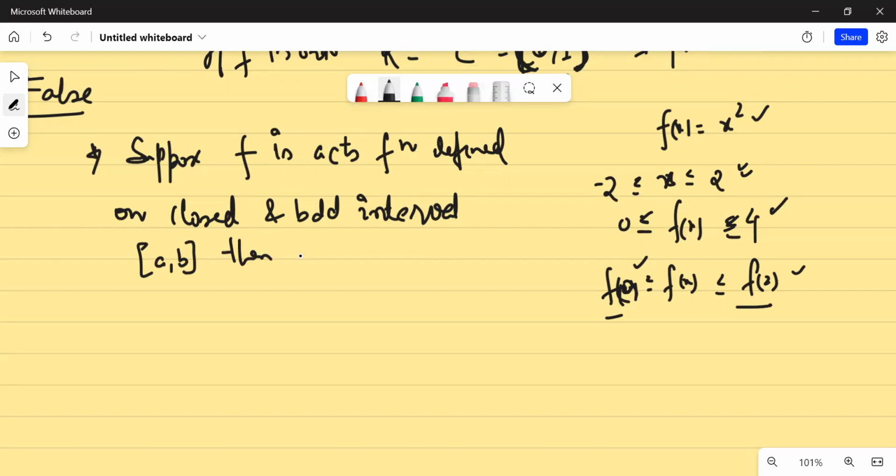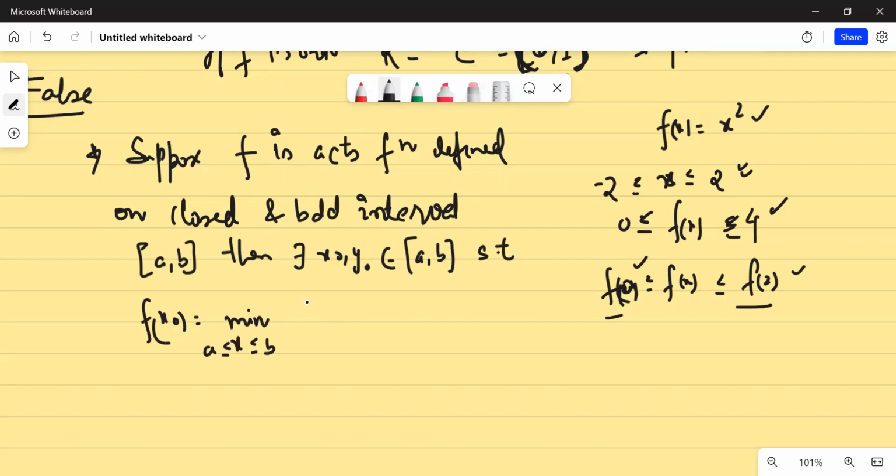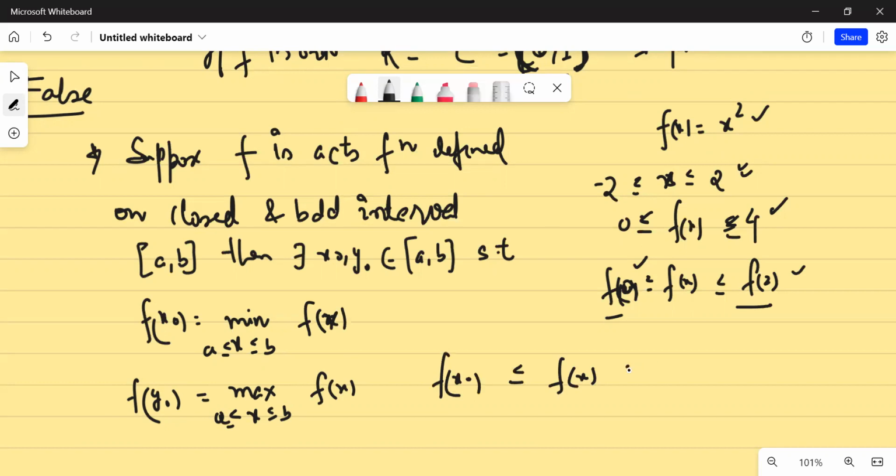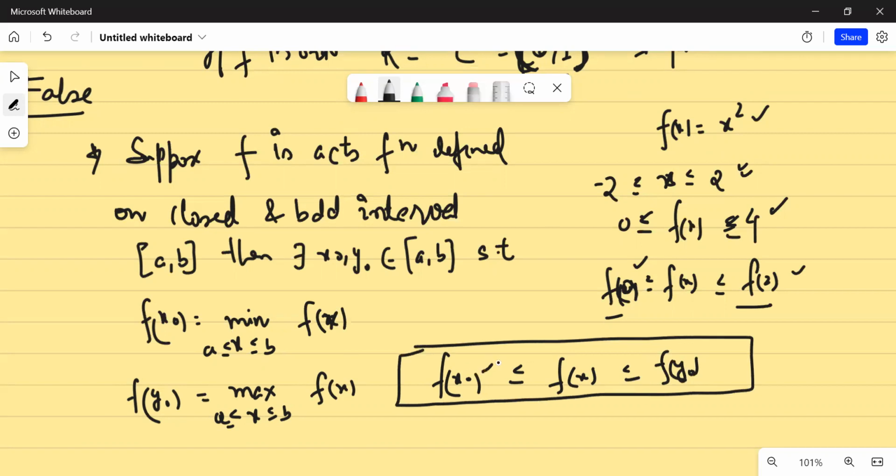Then there exists some point x0 and y0 belonging to [a, b] such that f(x0) will be the minimum of the function where x lies between a and b, and f(y0) will be the maximum of the function where x lies between a and b, and your function f(x) will lie between f(x0) and f(y0). So your function will attain maximum and minimum, and these points x0 and y0 will come somewhere from [a, b] only.